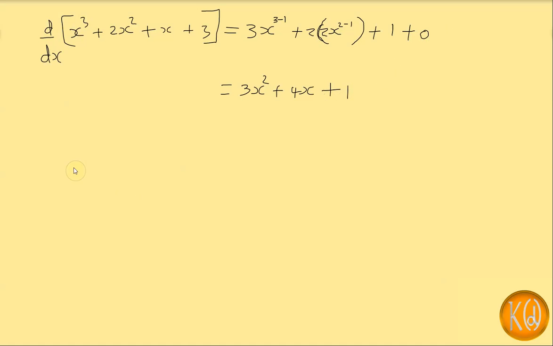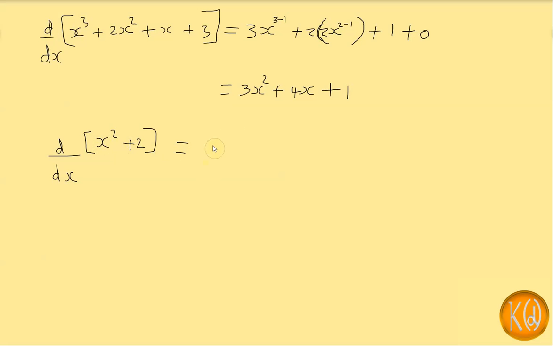Now let's just write another problem. Now if we differentiate this following from the previous question, same principle, you differentiate each term in the expression.